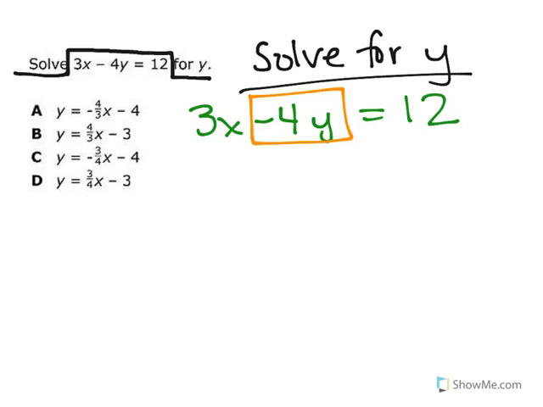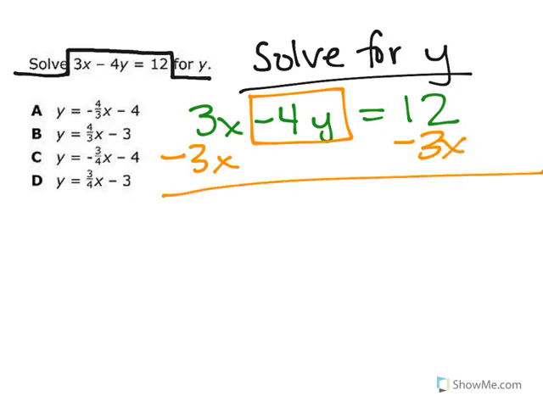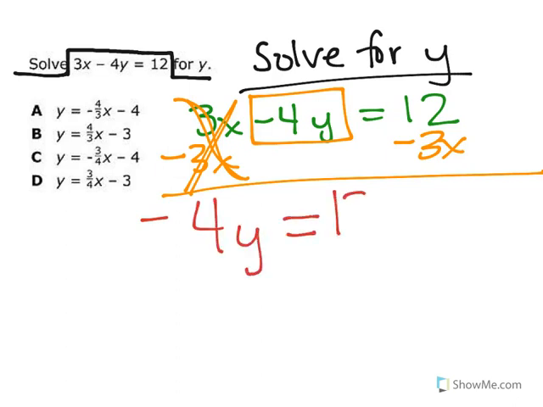Right now, what's next to it is it's adding that 3x to it. So I'm going to get rid of that 3x by subtraction. My 3x's cancel out. And what I'm left with is negative 4y equals 12 minus 3x.